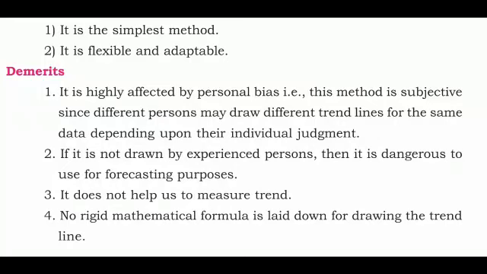The third one is that it does not help us to measure trend. It is not an exact measure of the secular trend. And the fourth demerit is that no rigid mathematical formula is laid down for drawing the trend. It is based only on the graph. When we make calculations, we need a strong mathematical background for the analysis. So these are the merits and demerits.